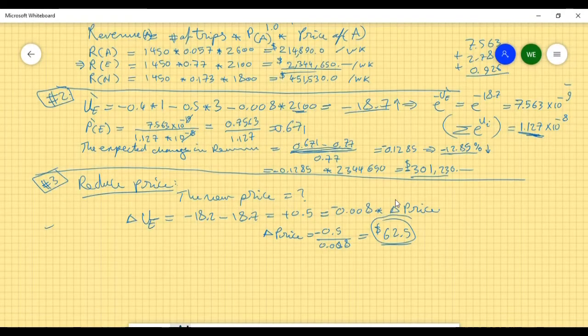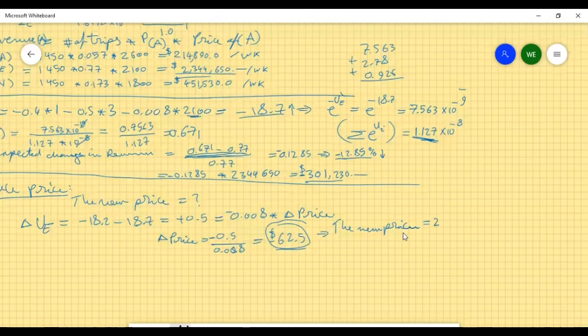We need to reduce the ticket price in order to adjust the utility function as shown here. So the change in the price was calculated to be a drop of minus 62.5 US dollars. So this way the new price will be 2100 minus 60.